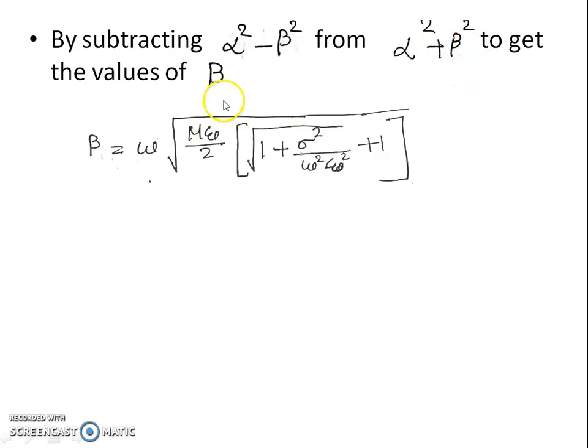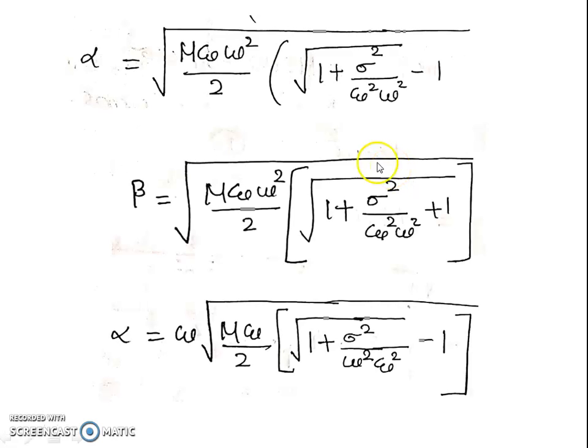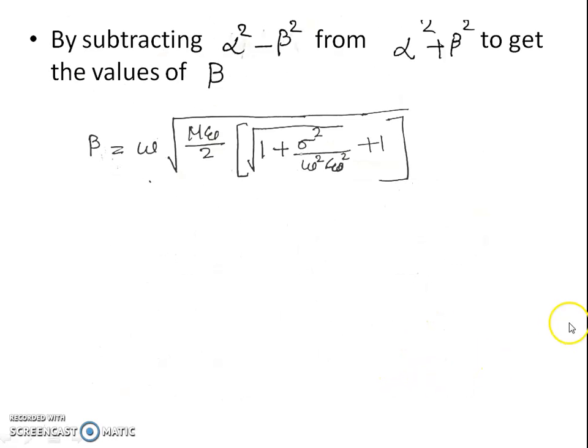The value for beta is omega into root of mu epsilon divided by 2 into root of 1 plus sigma square divided by omega square epsilon square plus 1, and the value of alpha is omega root of mu epsilon by 2 into root of 1 plus sigma square divided by omega square epsilon square. Here it is minus 1. In the case of beta, it is plus 1.